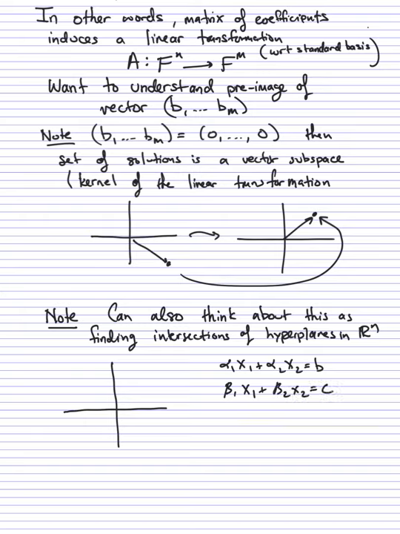But these determine two lines, and the solution to the set of equations is the intersection of those. Or you could have systems where the lines are parallel and you get no solutions, or the lines match up exactly and you get infinitely many.